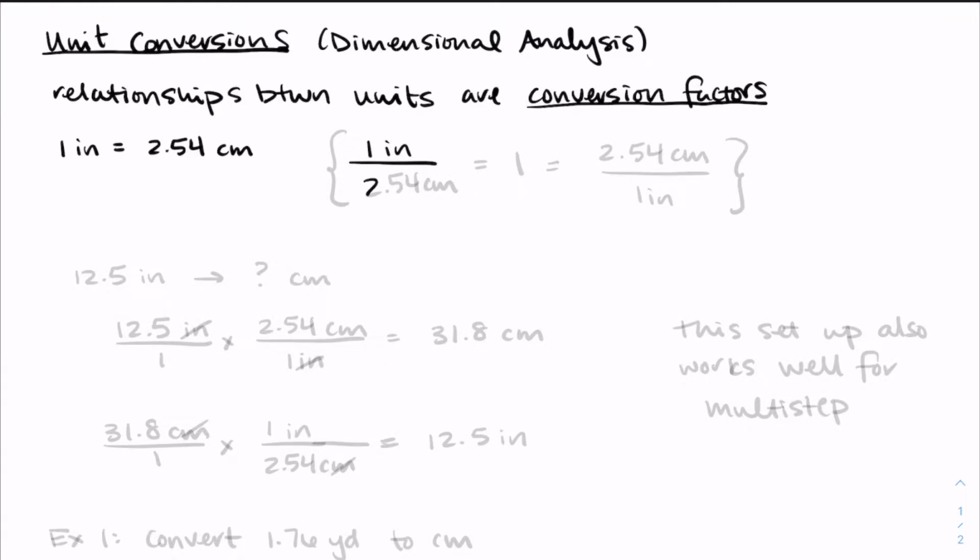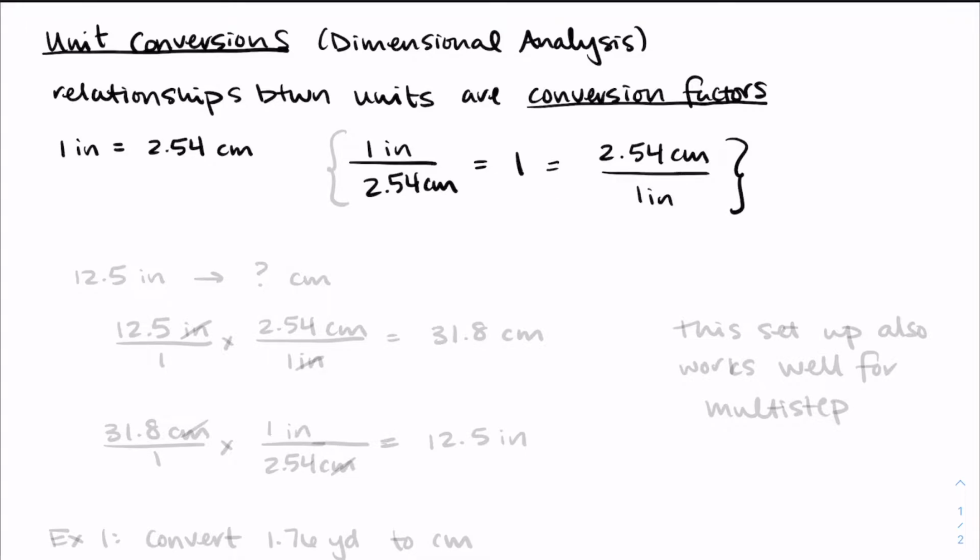Now, writing this as a conversion factor, we use the fact that these two values are the same. So they mean the same length. If we were to take 1 inch and divide by 2.54 centimeters, they're the exact same length.